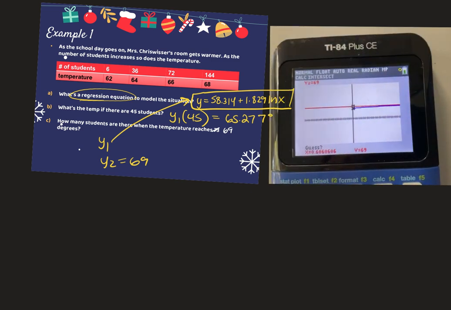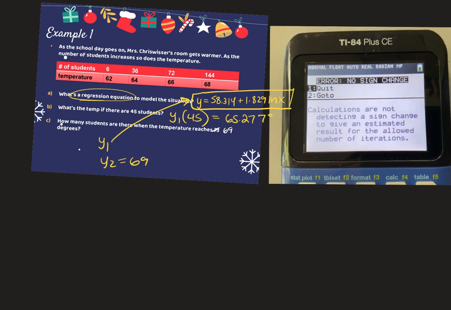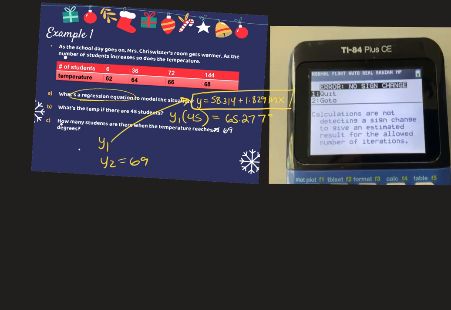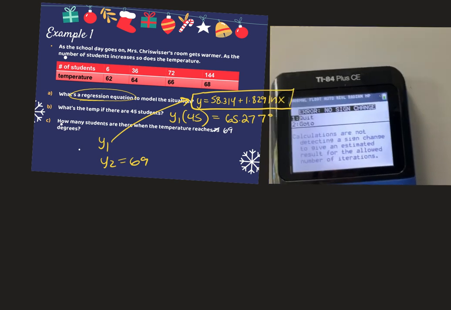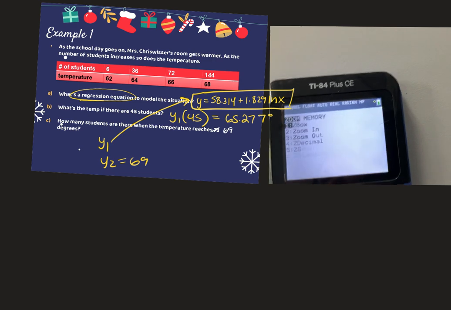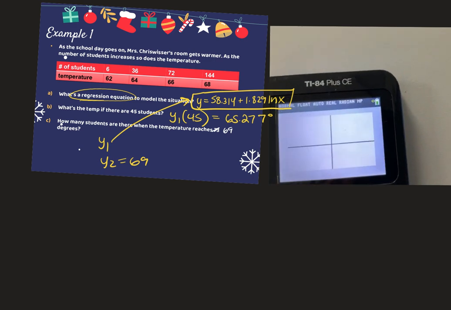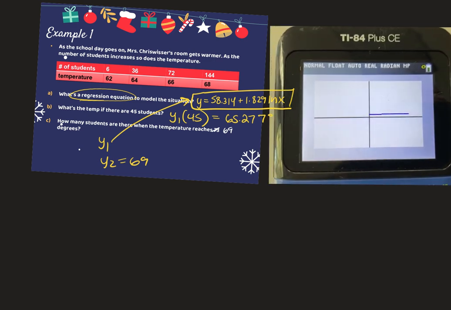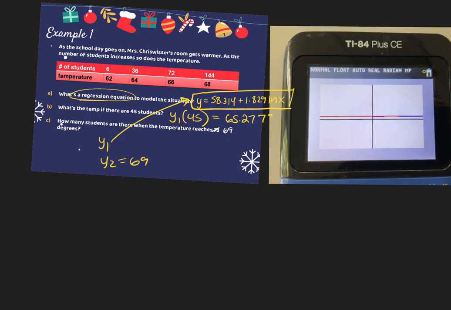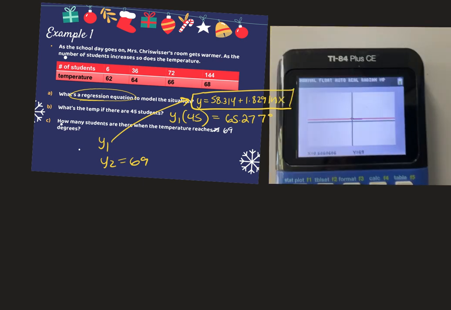And if I hit guess, if it's not in the view like that, I'm going to get this error, which means I need to zoom out again. So I'm going to go back to my graph, and I'm going to zoom out.